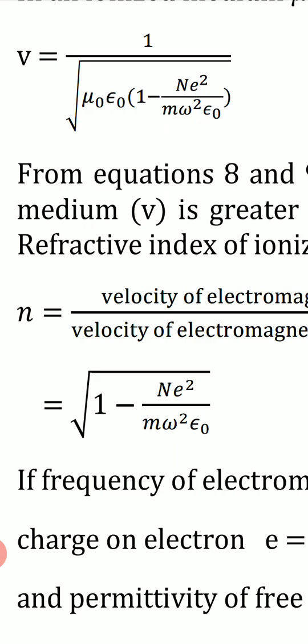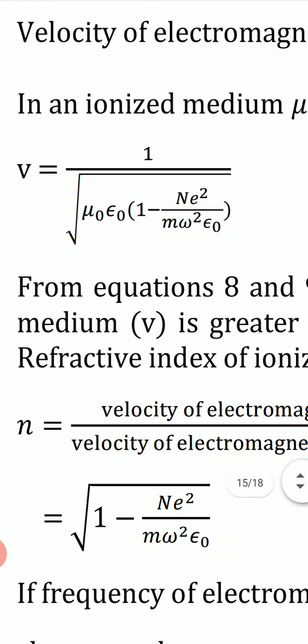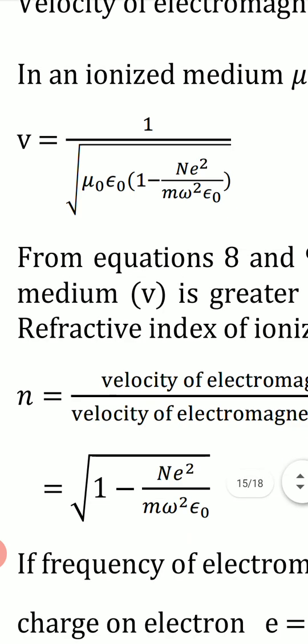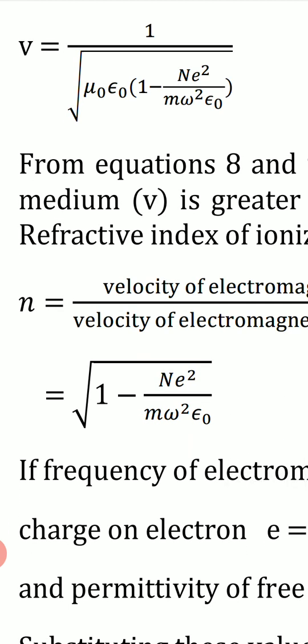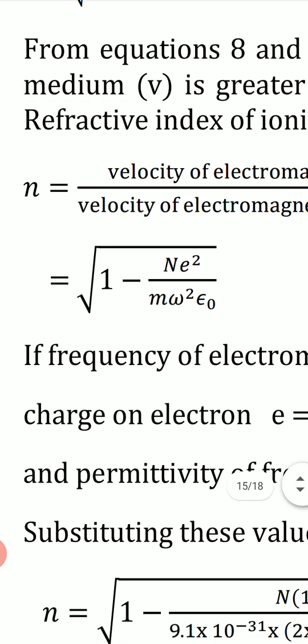C is 1 upon under root mu 0 epsilon 0 and V is given by this formula. 1 upon under root mu 0 epsilon 0 is cancelled out, and we get n equal to under root 1 minus n e square upon m omega square epsilon 0. So this n is less than 1 because we have under root 1 minus something. So this refractive index n is less than 1.